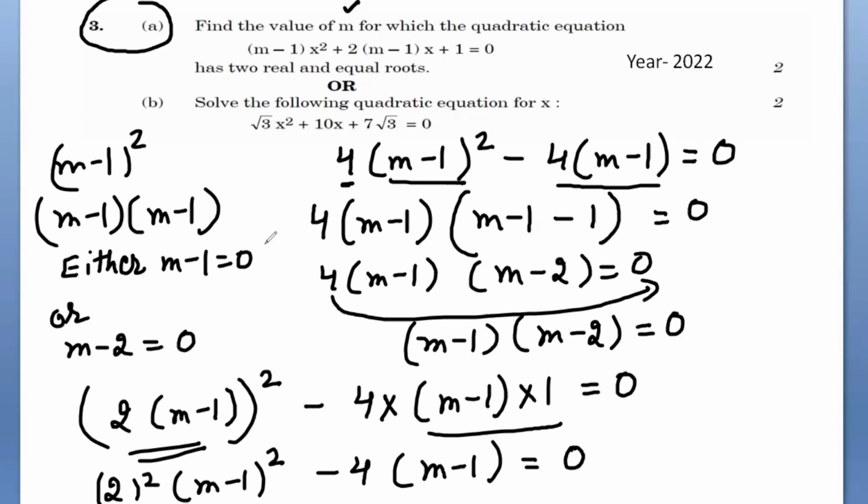Now we will not consider this value. Why are we not going to consider it? Because if I put 0 in place of m minus 1 in the equation, I'll get an equation which is just 1 is equal to 0, and that is not possible. That means m minus 1 cannot be equal to 0. So you will write here, it is not possible.